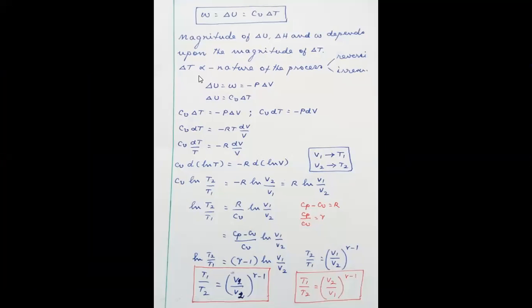So the delta T depends upon the nature of the process, whether it is reversible or irreversible. And delta U is directly equal to W, which is equal to minus P into delta V. Now the same delta U is equal to CV delta T. Now, CV delta T is equal to minus P delta V. Or this can be written as CV dT is equal to minus P dV.